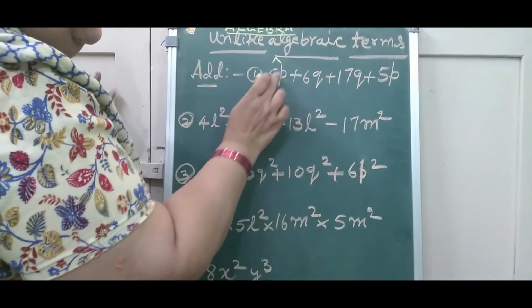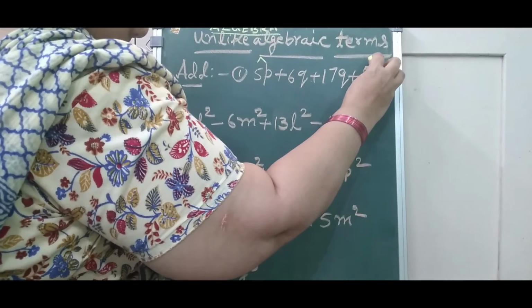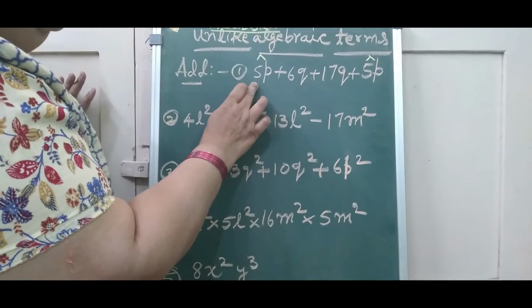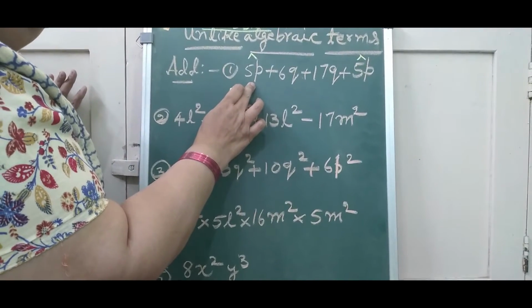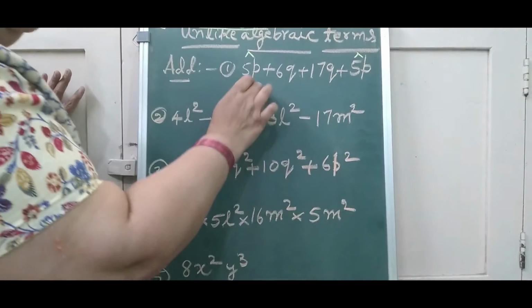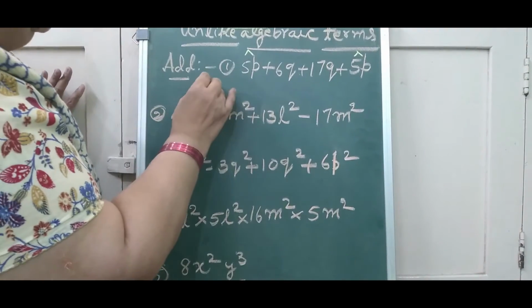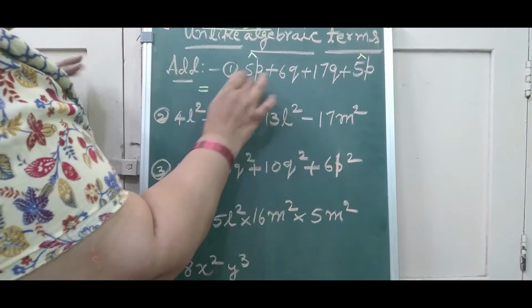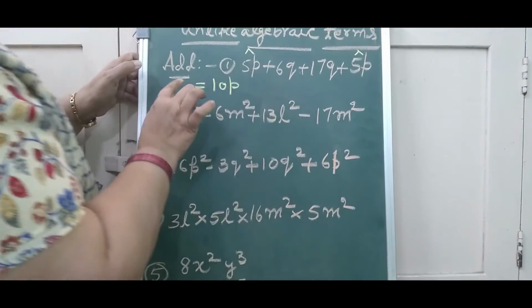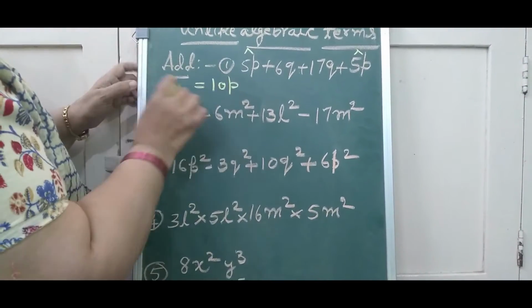I am marking here 5p and again 5p. Already I have told you 5 is the coefficient of p. 5p plus 5p, we can directly add this mentally. So 5p plus 5p will be 10p. I am writing the answer here, 10p.